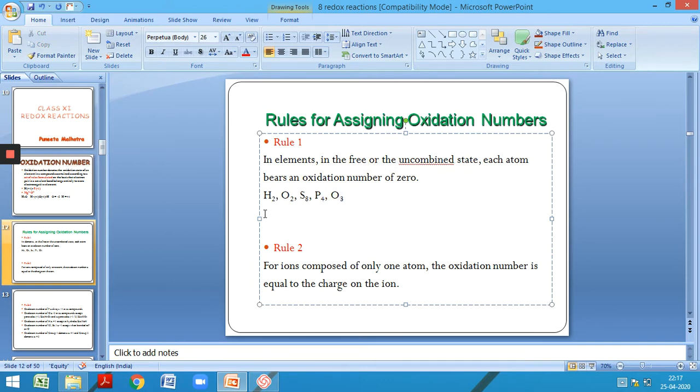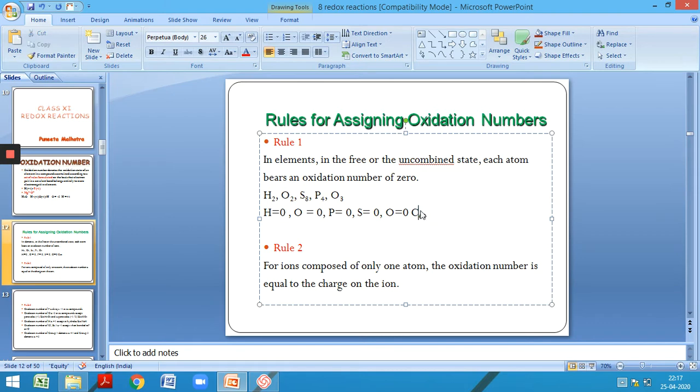It is present in the form of an element. So the oxidation number of hydrogen in H2 is equal to 0, of oxygen in O2 is equal to 0, of phosphorus in P4 is equal to 0, of sulfur in S8 is equal to 0, of oxygen in ozone is equal to 0, of carbon in C, diamond or graphite, or fullerene C60, the carbon oxidation state is going to be 0.